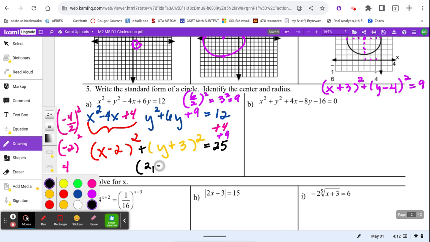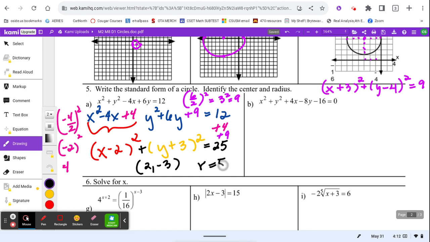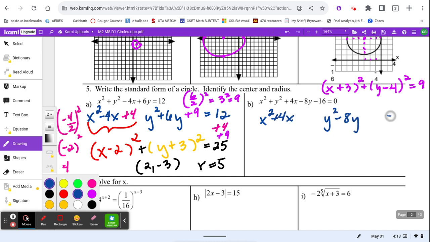So now I'm able to identify the center and the radius easily from this form of the equation. Pause the video and try the next one on your own. All right, let's see how you did. Start with some grouping. Move that constant over to the other side.